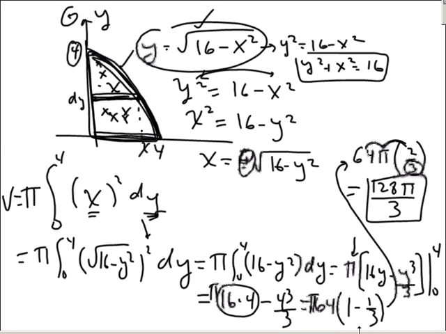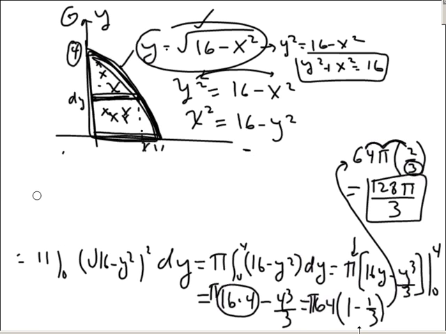Now let's see if we did this right. Our answer is right there. Let's make sure we're doing this right. The radius of our sphere is going to be 4. The radius of the sphere is going to be that distance. So the volume of a hemisphere, well, I'm just going to find the volume of a sphere and divide it by 2.